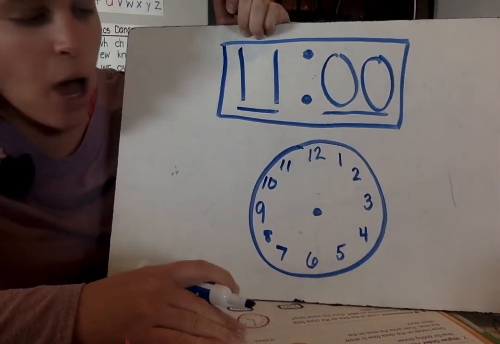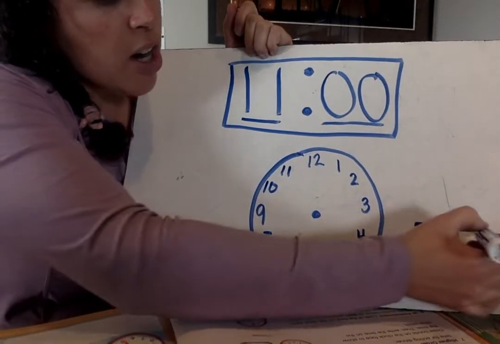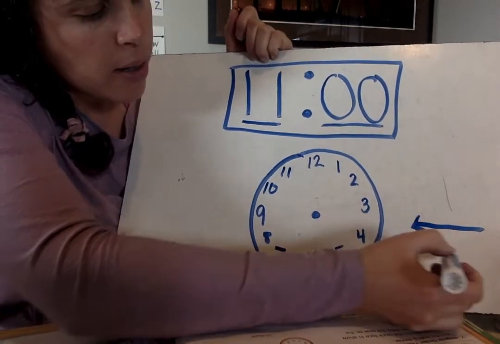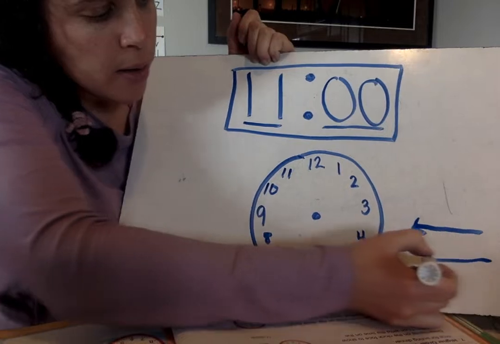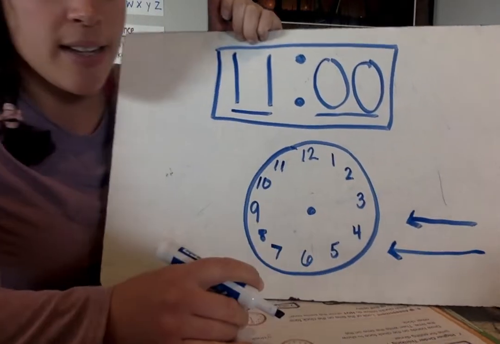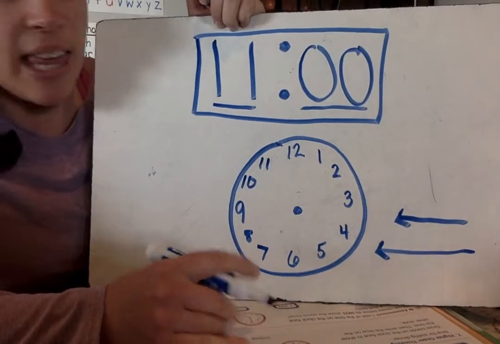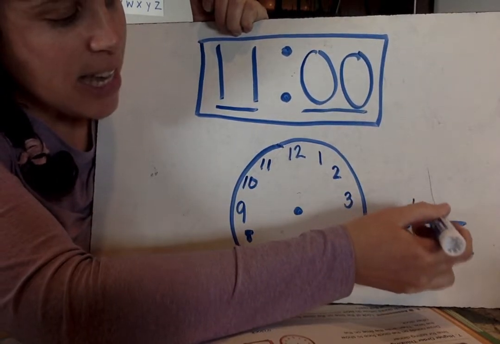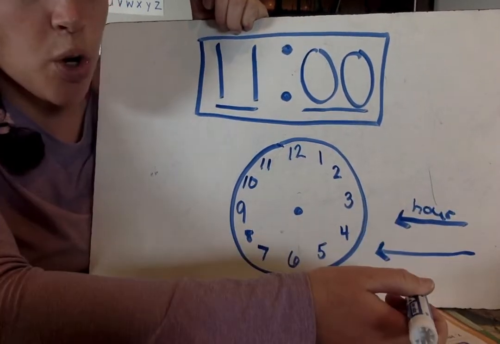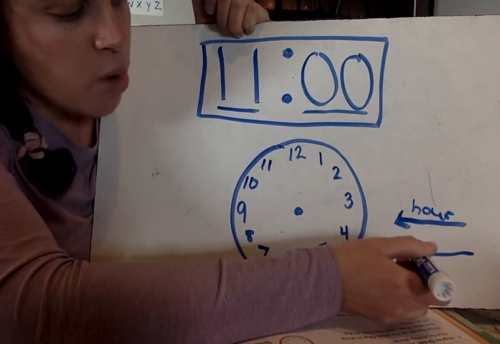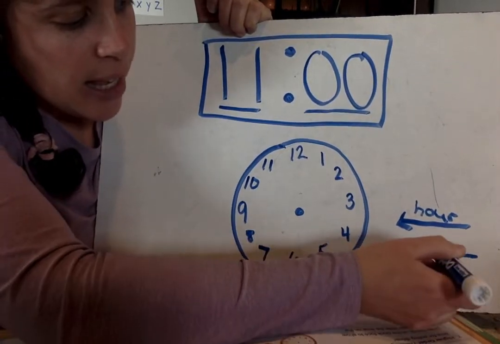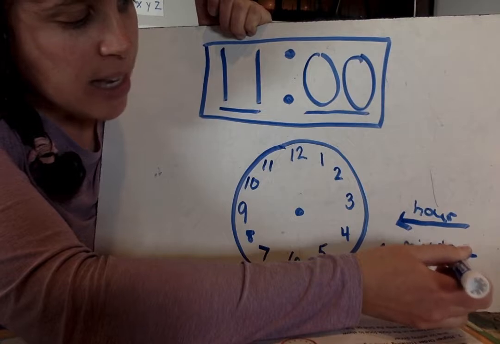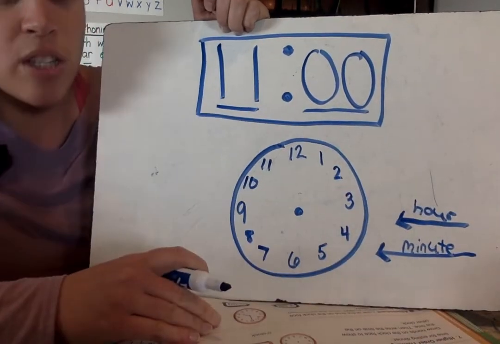If you are looking at your analog clock that I just finished making, okay? Remember, you do the hour first. And if we look over here at our hands, the hour hand, remember we talked about the hint I said? Hour is the shorter word. It only has 4 letters in it, okay? The minute hand has 6, therefore it's the longer hand.